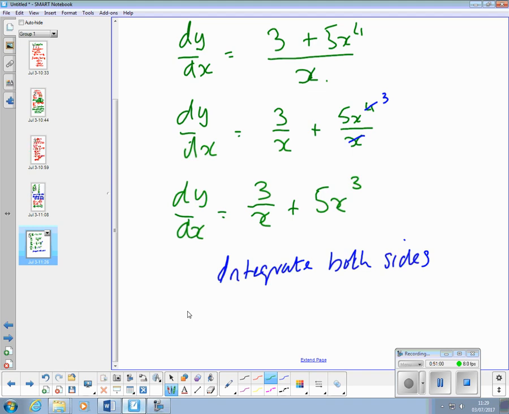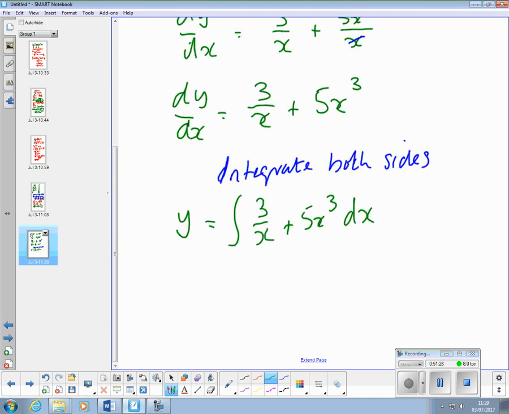Integrating is the opposite of differentiating, so we end up with y. And that's equal to the integral of 3 over x plus 5x to the 3 dx.